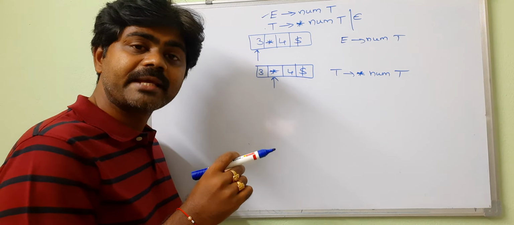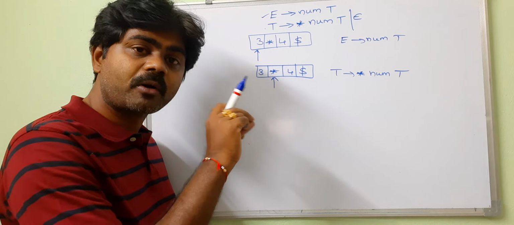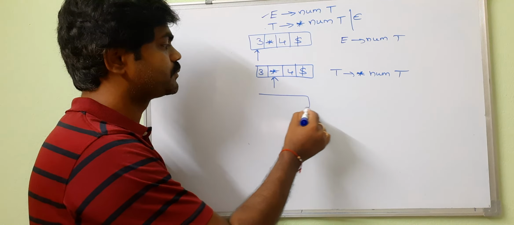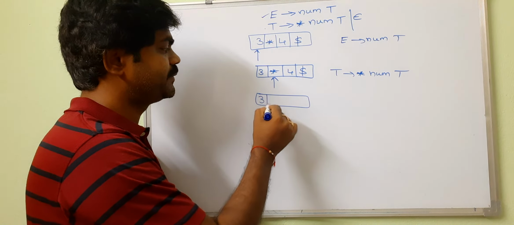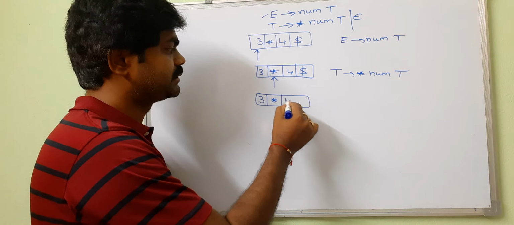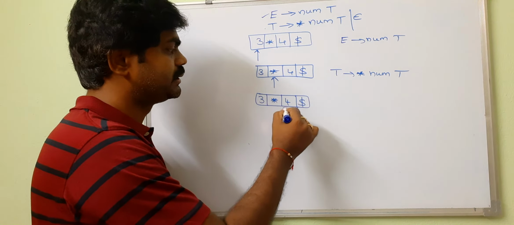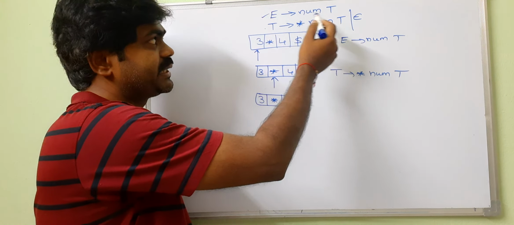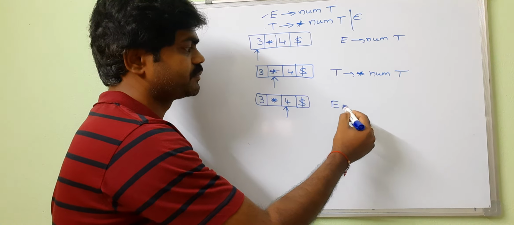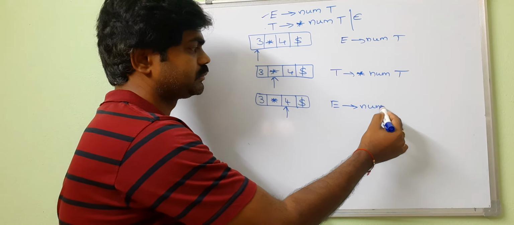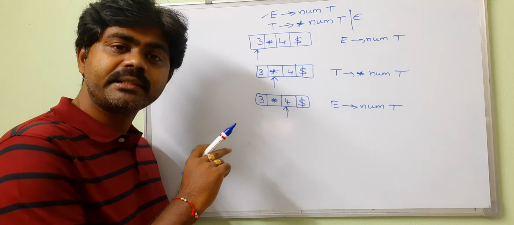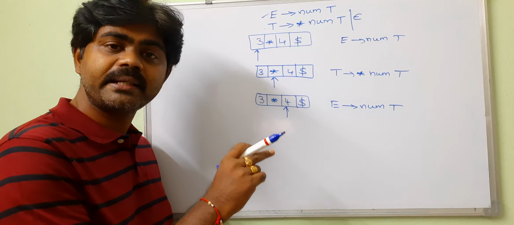Okay. So now what happens? My look ahead pointer moves to the right hand side again. So 3 star 4 dollar, and 4. So 4 is a number, right? So what production do I have here? E tends to num T. Okay. And finally, my look ahead pointer moves to the right hand side and will stop at dollar.